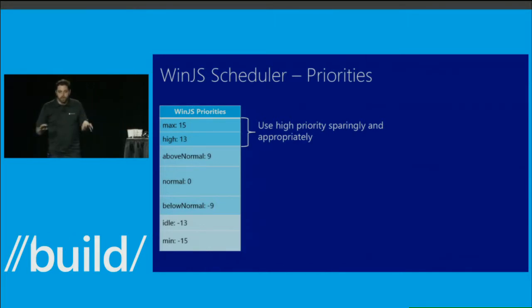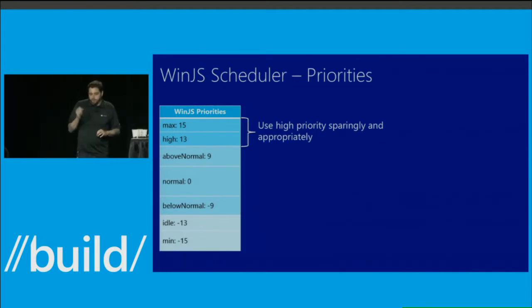There are some appropriate times where you have to be really diligent about saying, I really need this piece of code to execute, and I need it to happen before anything else happens after that. So you have to be really careful of how you use it. Say in an RSS reader, you need to have content inside of your UI. Maybe it's a really high priority for you to process that XML and build an object model so that you can actually load it into your UI. That's a good example.